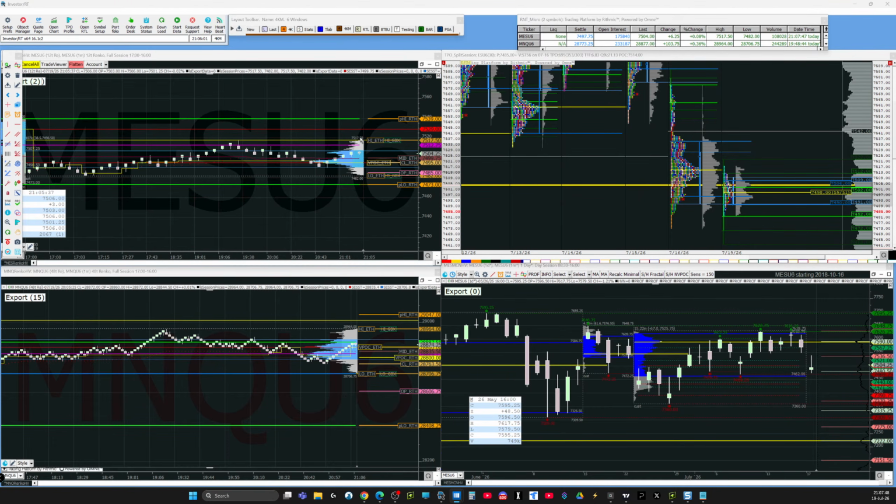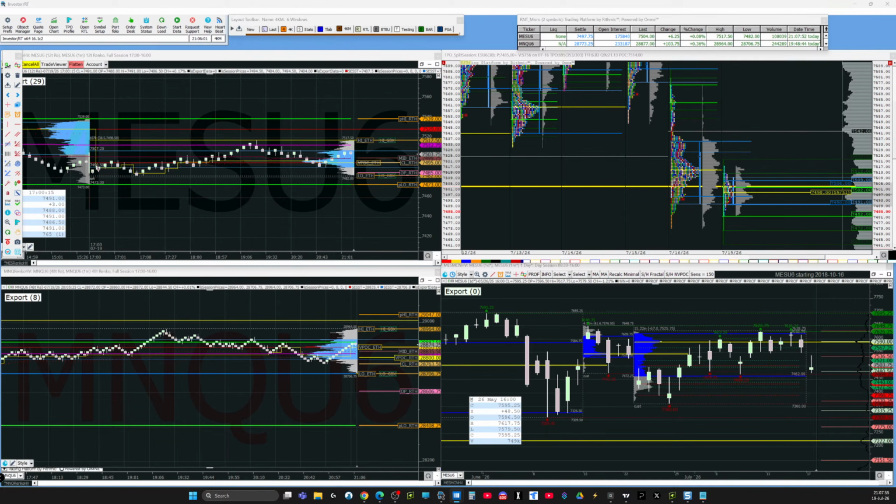Have to be aware of the fact that this is a typical, I would say just looking at this profile from yesterday or Friday, just look at the difference there. There's exactly zero.